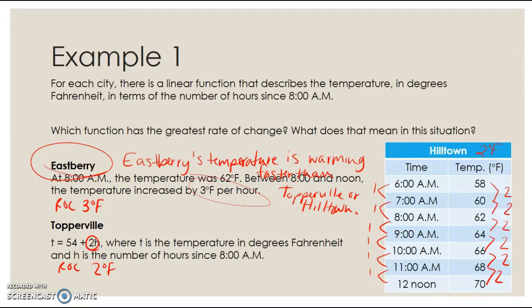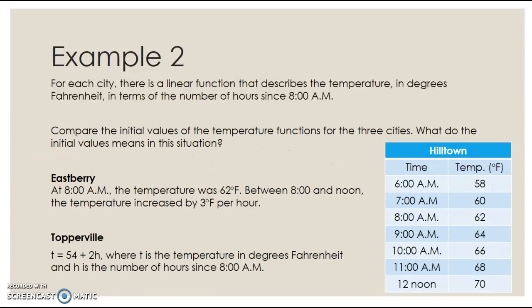So each of these, that rate of change is that we are increasing by, so for Eastbury, 3 degrees every hour. For Topperville and Hilltown, it's 2 degrees every hour. And so then Eastbury's temperature is warming faster than Topperville or Hilltown. And so that's how we use rates of change to compare our functions.